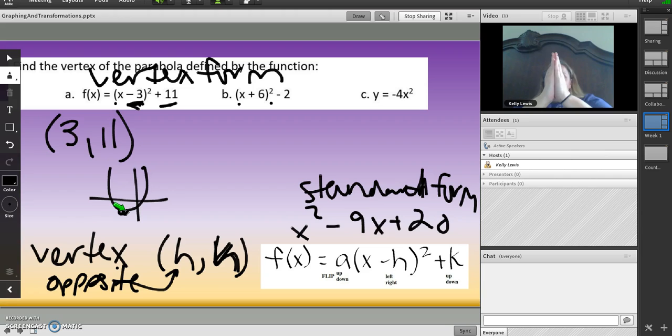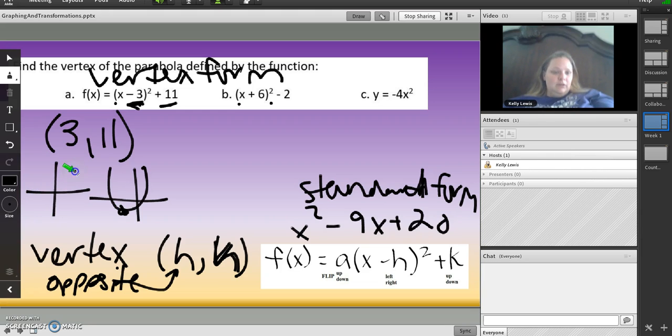If you folded the parabola in half, it would line up. If it was upside down, then you could fold it like that. It would be like the top point. So it's like the super top point, the maximum, or it's the super low point, the minimum. So like (3, 11) would be like here.